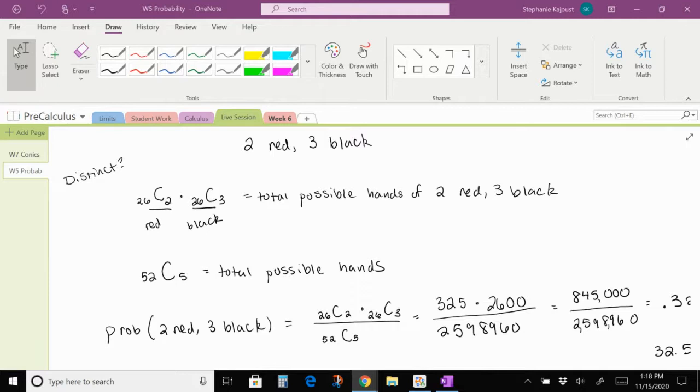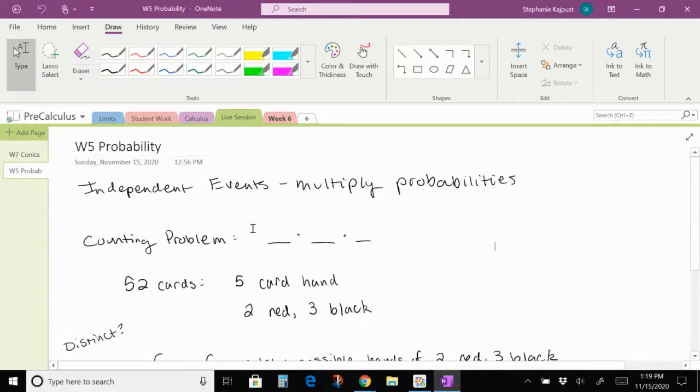In question 5, question 5 is another one that people struggle with. The thing about question 5 is that each fire truck basically has its own possibility. The probability of one truck being available does not affect the probability of other trucks. So those are independent events. And when you set up your probabilities, you're still basically using a counting problem, but you get to multiply the probabilities. So you think of it as multiplying the probability of each truck.